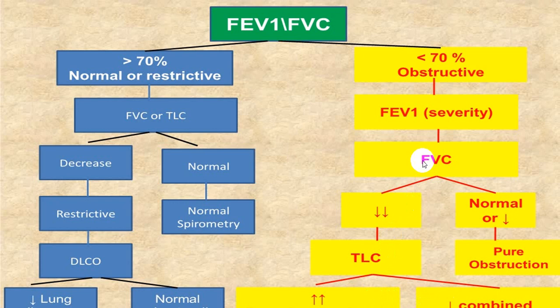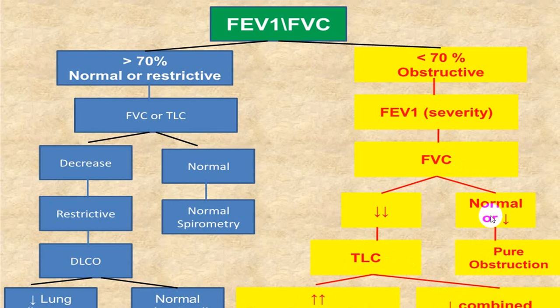So if FVC is markedly reduced, go for TLCO, and if TLCO is increased, it is a pseudo restriction. If TLCO is reduced, it is combined restriction, that is restrictive plus obstructive. And if FVC is normal, then it is pure obstruction.